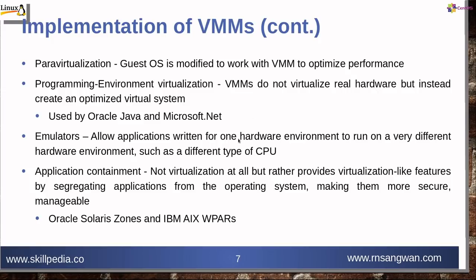Emulators allow applications written for one hardware environment to run on a very different hardware environment, such as a different type of CPU. Then we have application environments or application containment. It's not really virtualization at all, but rather provides virtualization-like features by segregating applications from the operating system, making them more secure and manageable, which includes Oracle Solaris Zones and AIX WPARs.